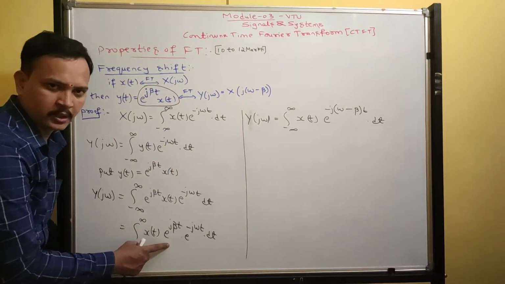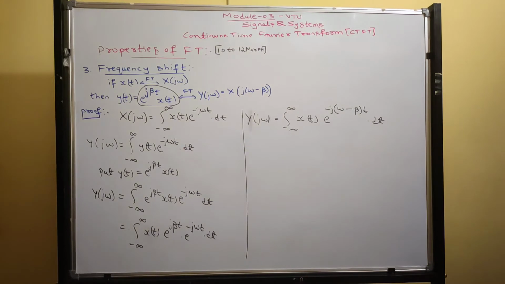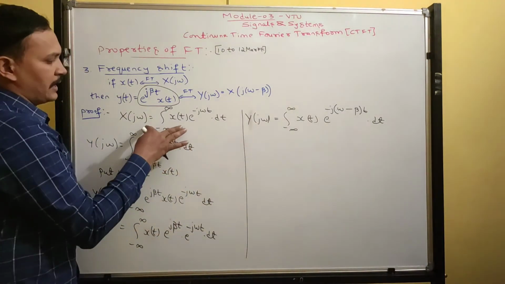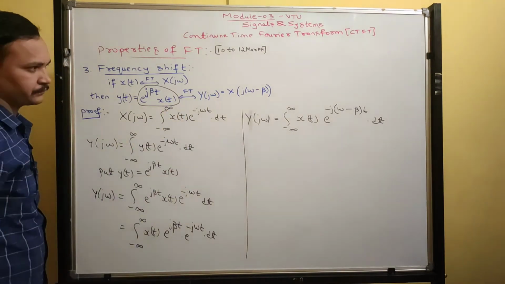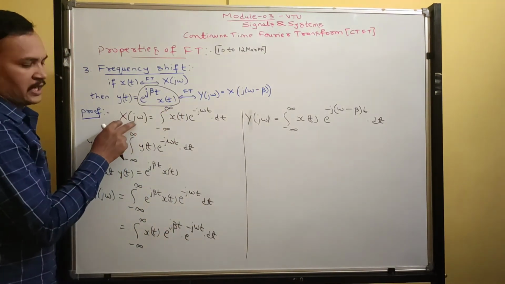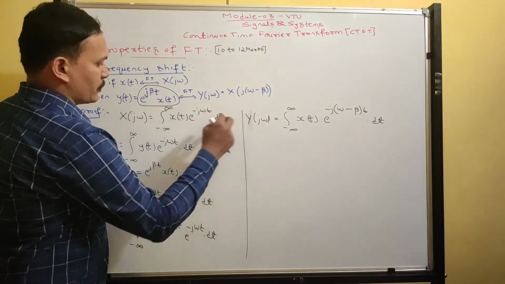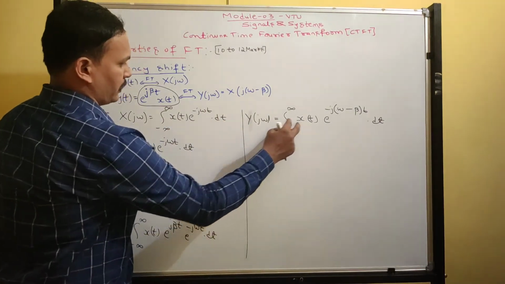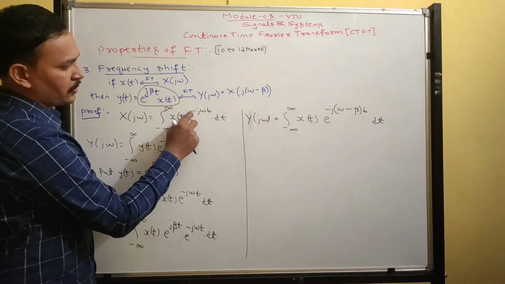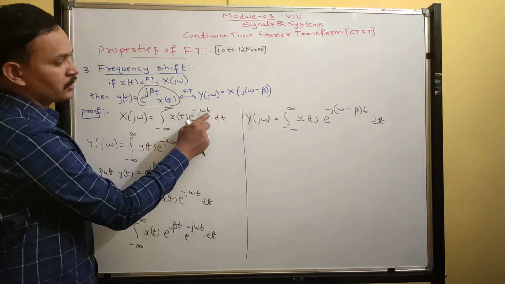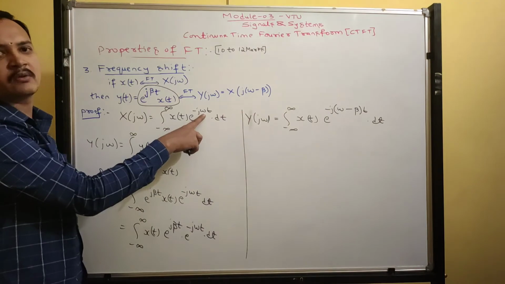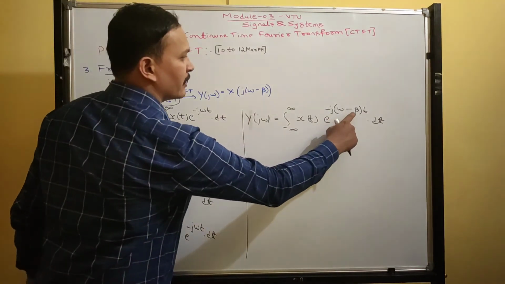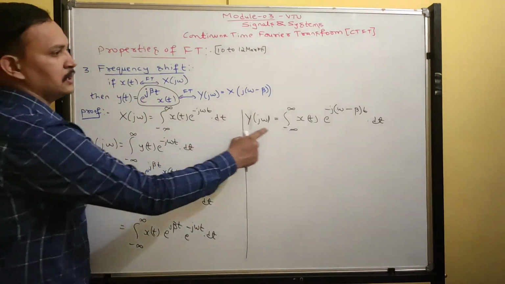So I got that term also. Now compare this with the X of omega formula: x of t, e power minus j t, and in place of omega we have omega minus beta, dt.